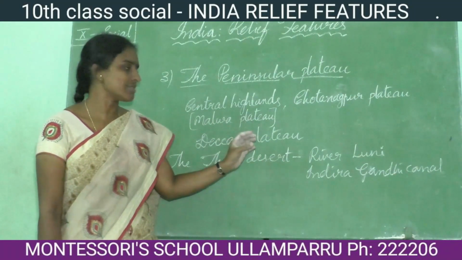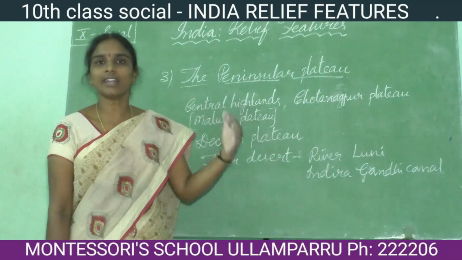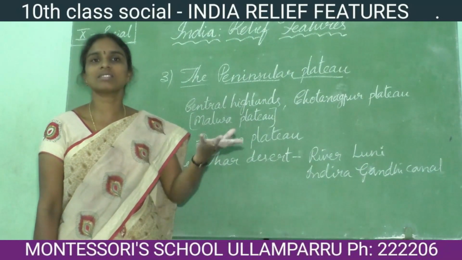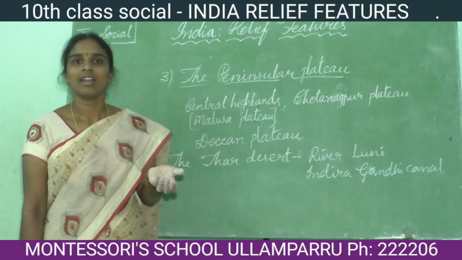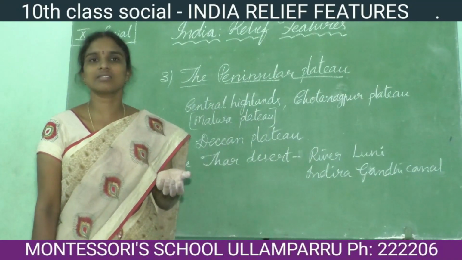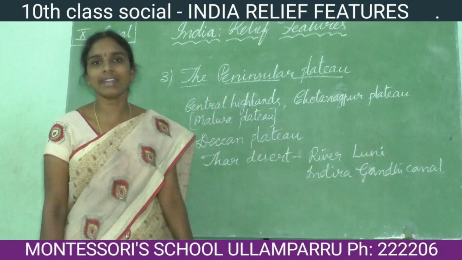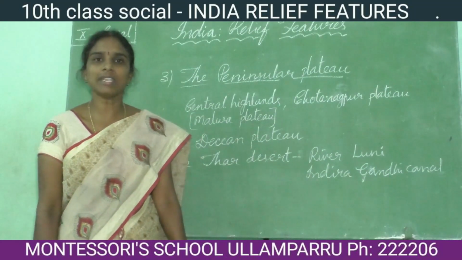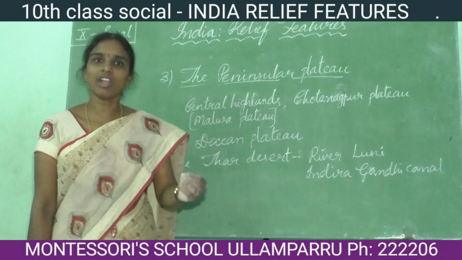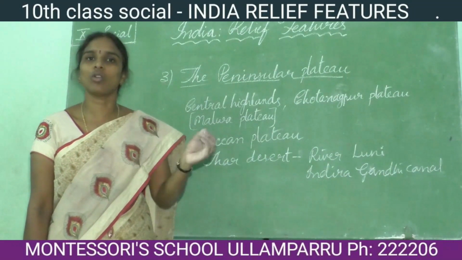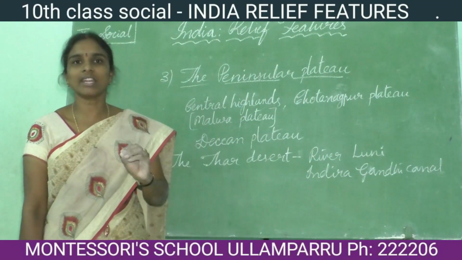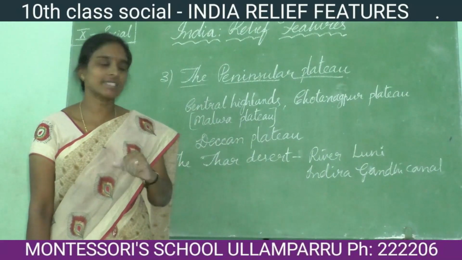But even during the rainfall time, when it rains, the streams suddenly disappear because of the hot climatic conditions. We can say that the climate of the Thar Desert is arid. Arid climate means days are very hot and nights are very cold. This type of climatic condition we can observe in the desert region.